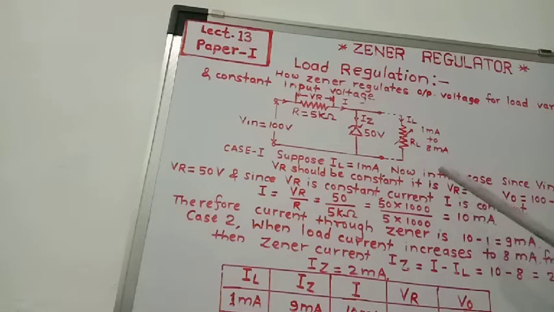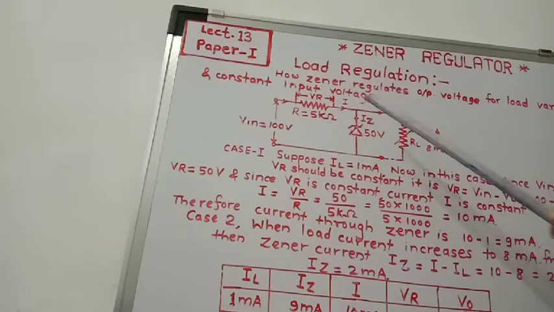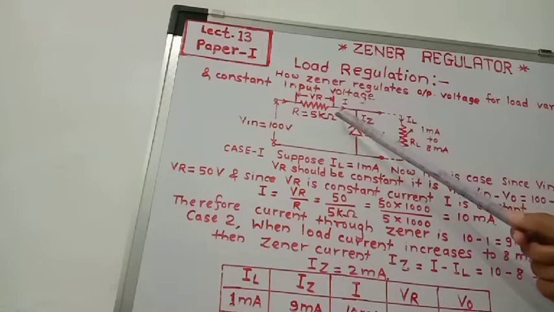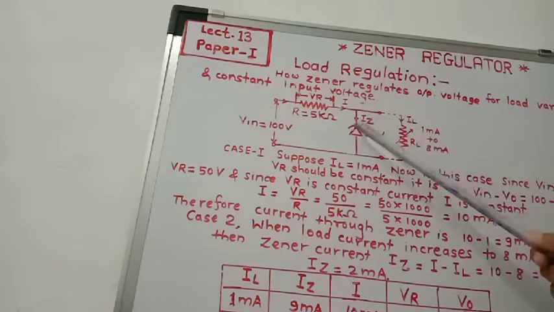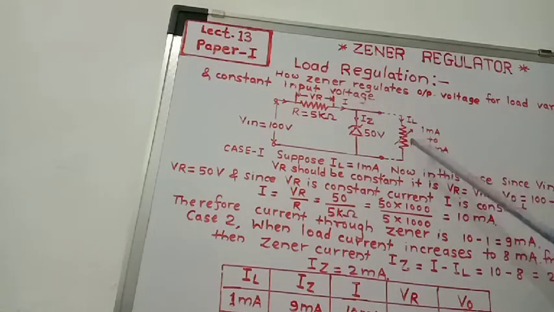So IZ is equal to I minus IL. I is 10 milliampere and IL is now 8 milliampere, so IZ is equal to 10 minus 8, that is 2 milliampere.